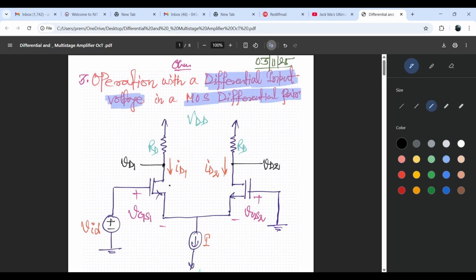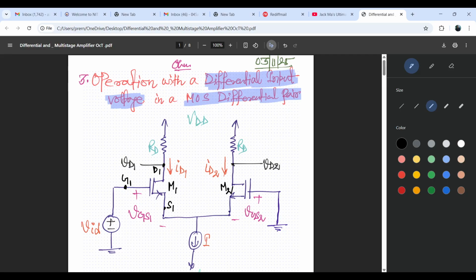Say M1 and M2, in which we are giving the differential voltage, say VID, through the gate terminal G1, and we are taking output across the drain terminal D1, and this one is our source S1.